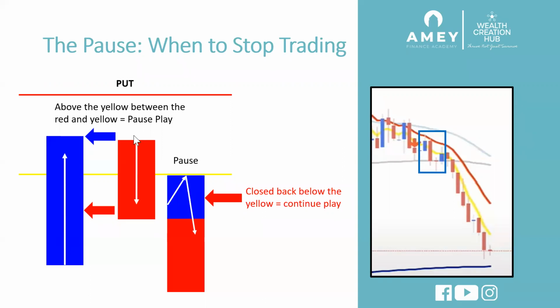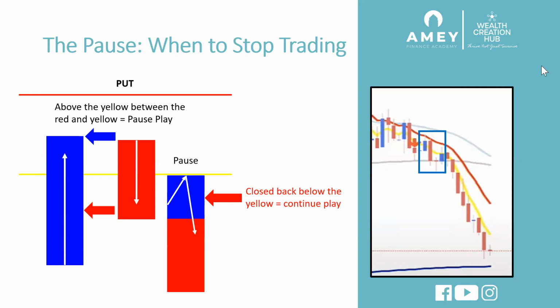When it comes back down and closes below the yellow, the pause ends and you're ready to go back to trading. When it pulls back to the yellow, we can go in, or when it pulls back to the red. But if it closes in between, we pause and wait for it to come back out.